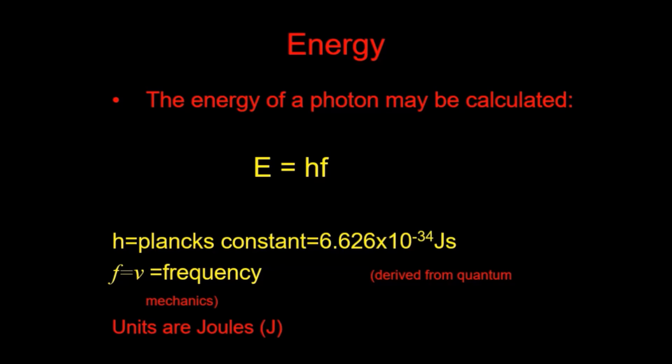So the energy of a light wave is E equals h times f. Planck's constant of 6.626 times 10 to the negative 34 joule seconds times the frequency. And that, of course, will give you an answer in joules.